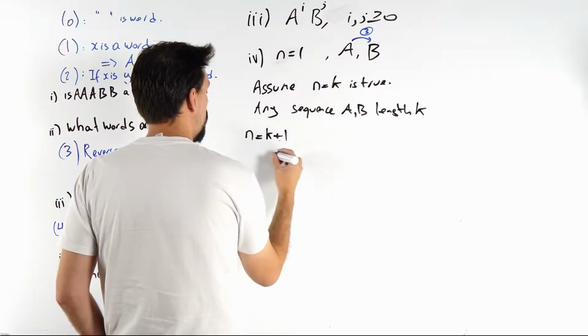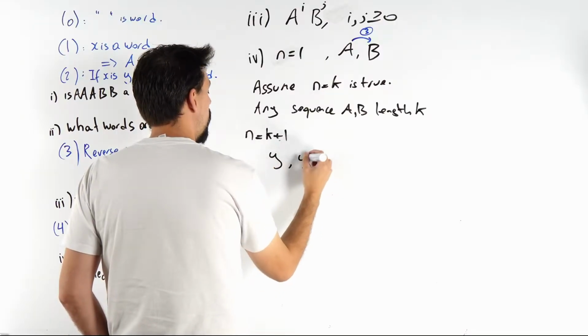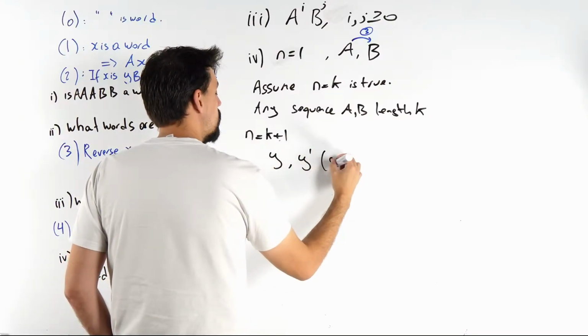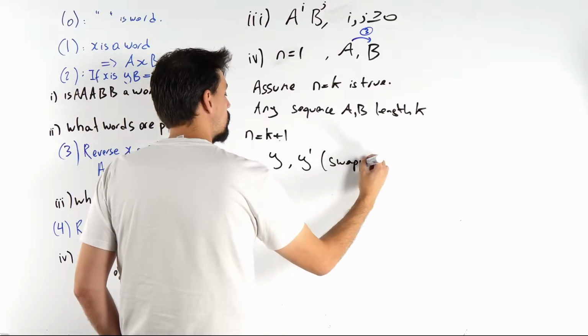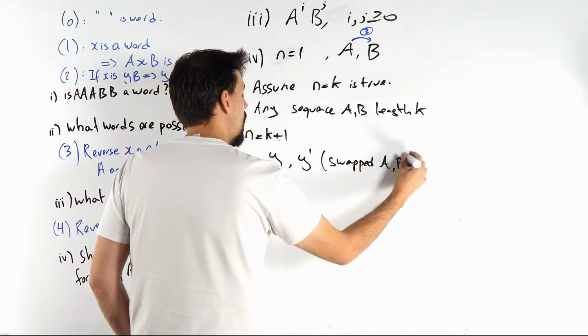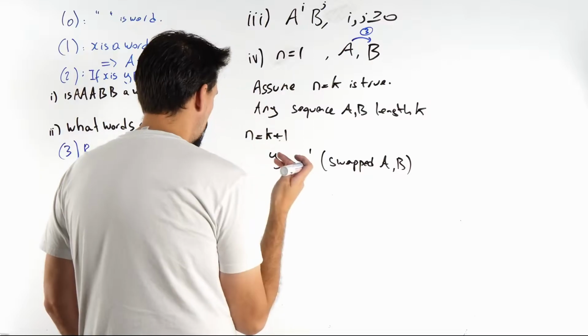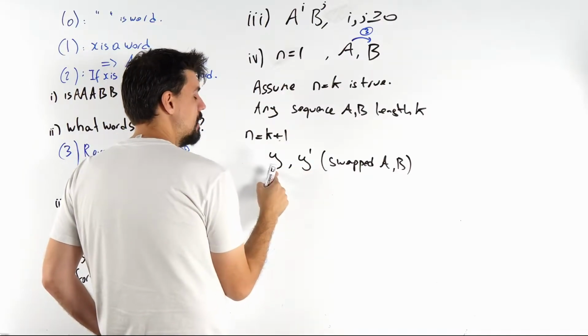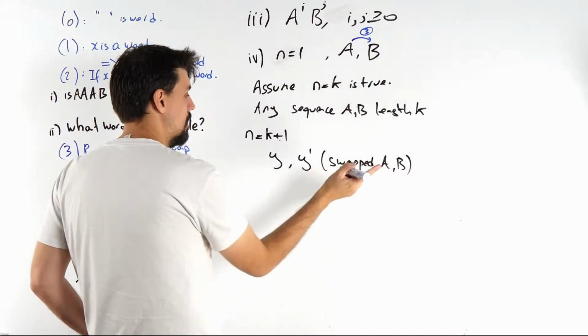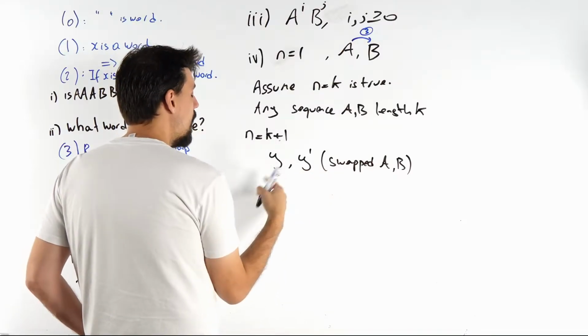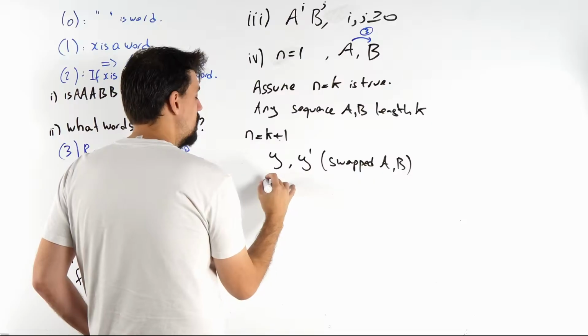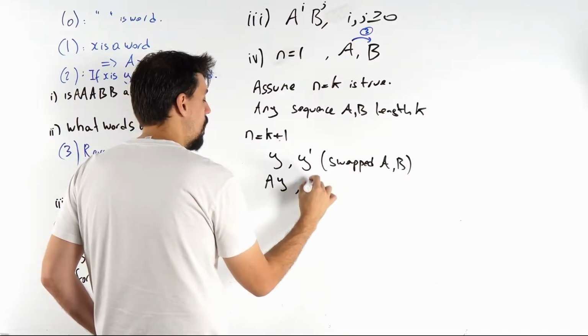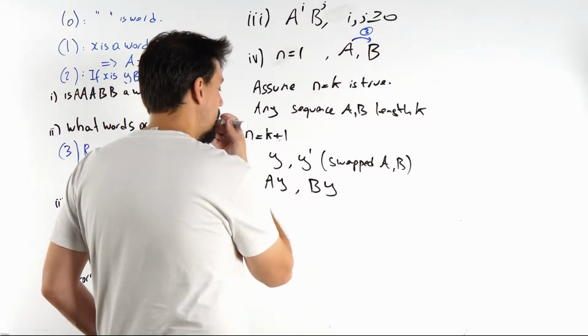We can produce any word Y, and I'm going to call Y dashed the word where you've swapped the A and the B, right? So Y is length k, Y dashed is Y with A and B swapped. So can I produce any word I want? Well, all I need to do is show that I can produce AY and I can produce BY.